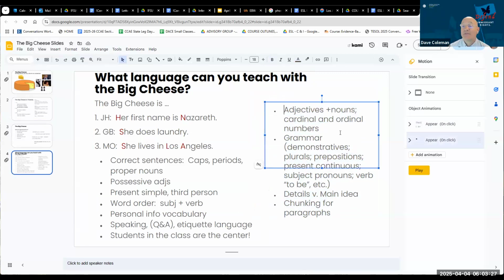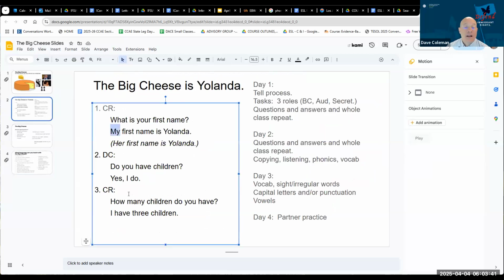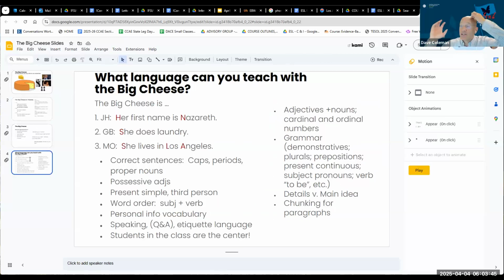Adjectives, circle the adjectives, circle the numbers. Anything with grammar, any possessives, her, right? My and her. You know, you're going to have more content to work with than just 3 sentences. So that's good.